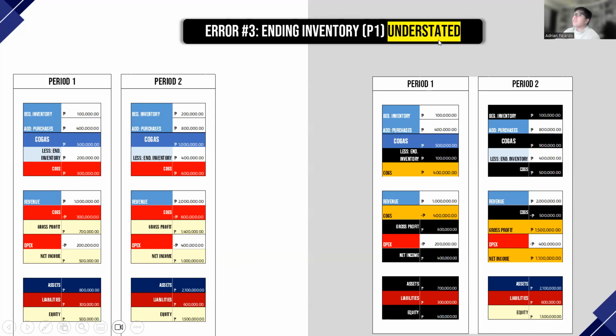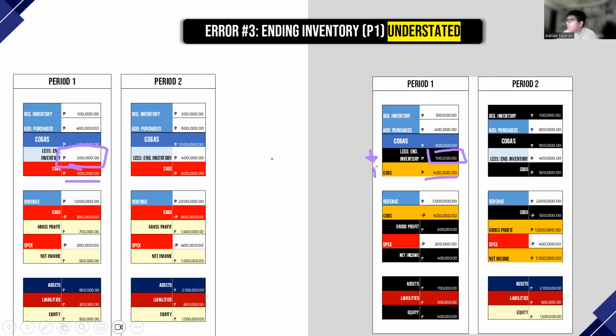Next, what if ang nagkamali ka naman is si ending inventory, which is actually a lot worse. Ano yung tama? The ending inventory should be 200,000. However, ang ending inventory mo, ginawa mo 100,000. So ano to? Understated si ending inventory. Dahil understated si ending inventory, yung COGS mo, as you can see, 300,000 dapat, naging 400,000.